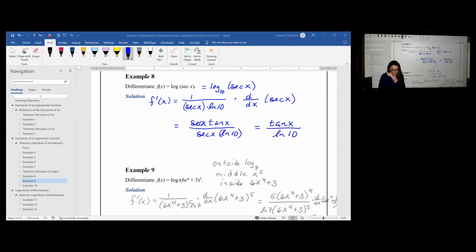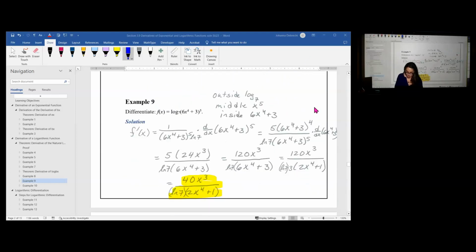For example 9, I had a function nested several layers deep. I first identified that the outermost layer was the log base 7. In the middle, I had something to the 5th power. And the very innermost layer was the polynomial 6x to the 4th plus 3.